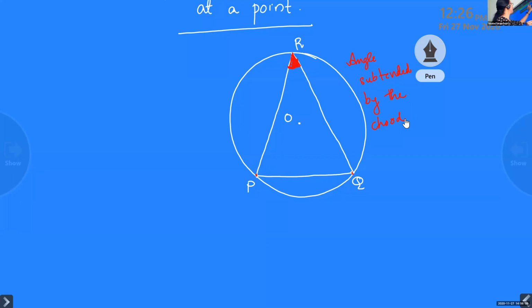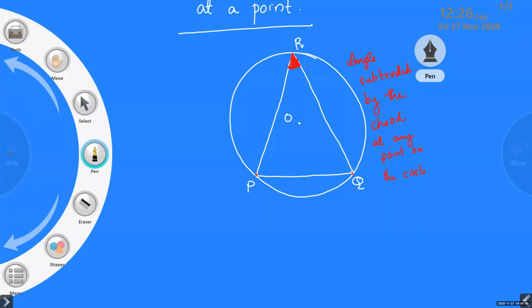Subtended means nothing else, just to make. Angle subtended by the chord at any point on the circle. So this is that angle. Clear, children?